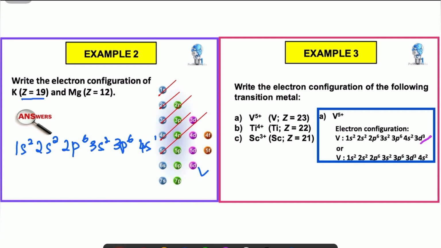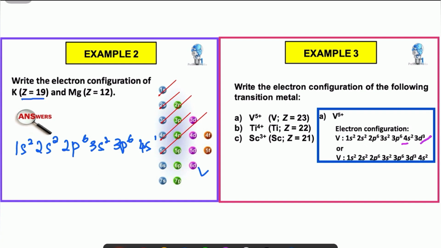Okay, and then when you have written the electronic configuration for the neutral vanadium, to get the electronic configuration for the vanadium 5+, 5+ means you have to remove 5 electrons, and you need to remove them from the highest n. The highest n in the electronic configuration for the vanadium is 4.